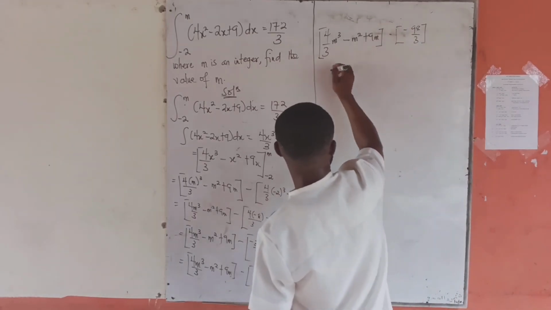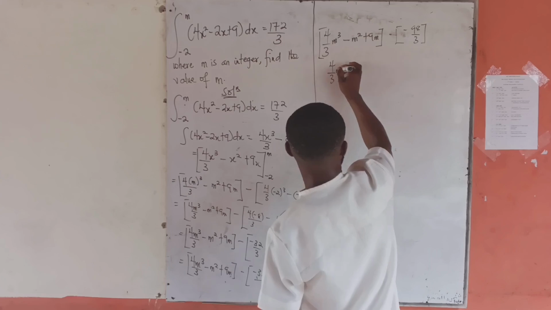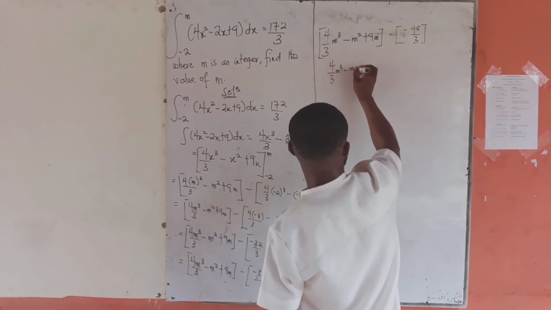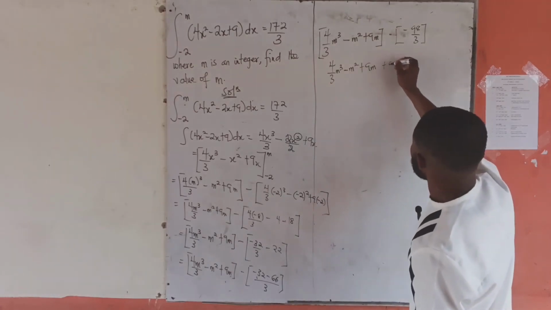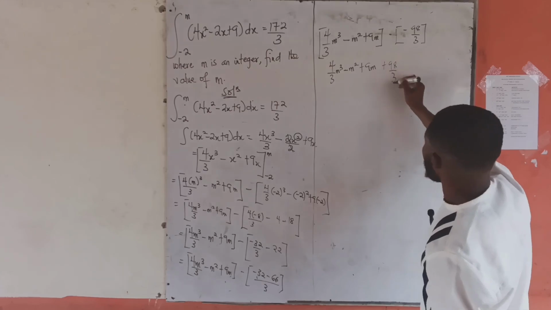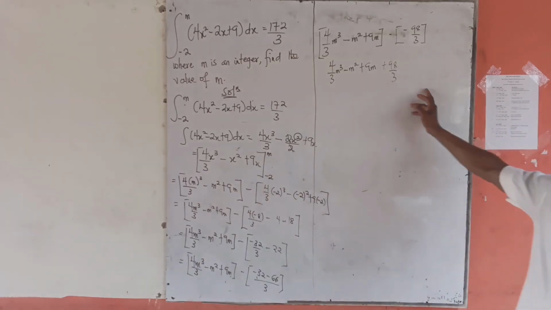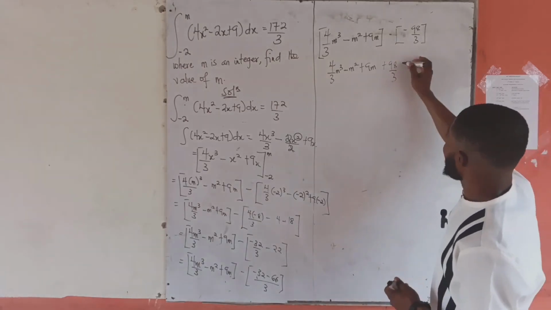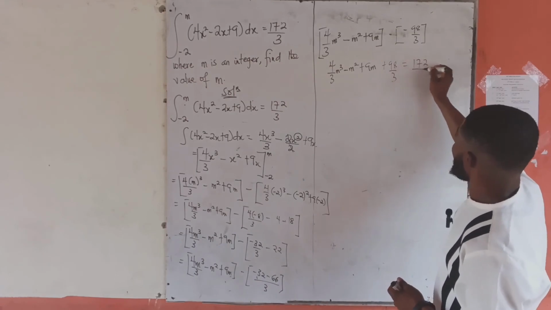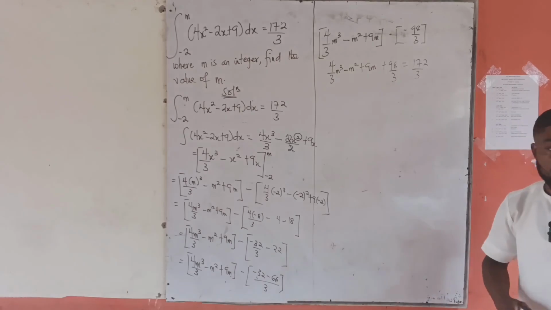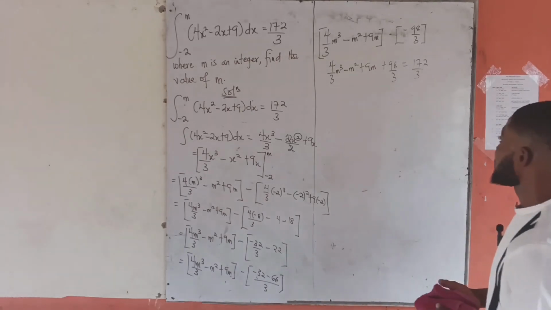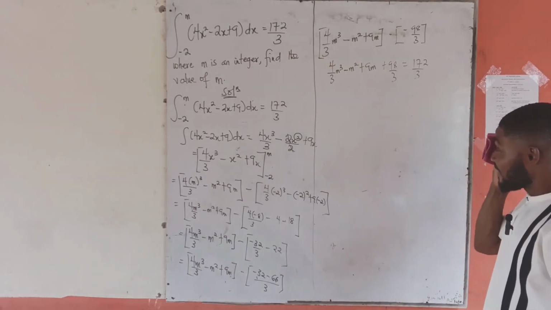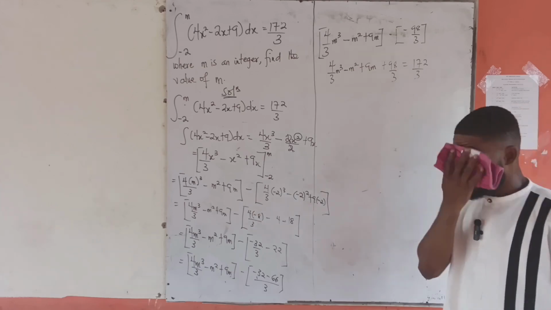So we take out the brackets now, so this becomes plus 98 over 3. Remember, all of this is equal to 172 over 3. So we have this situation here: all of this equal to 172 over 3.